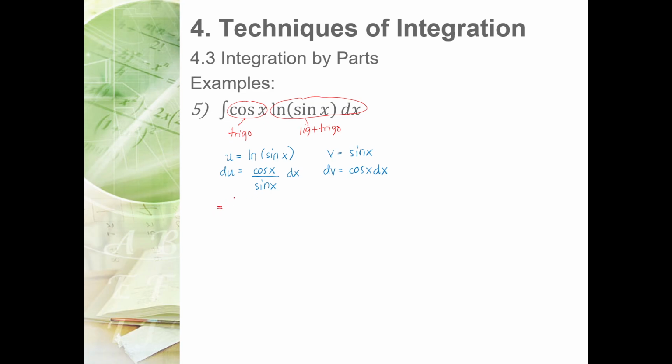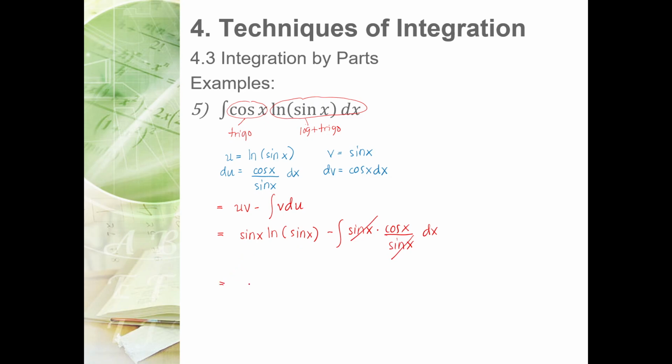So again with the formula uv minus the integral of v du. So we're going to have sine x ln sine x and then minus v du. So that would be sine x times cosine x all over sine x dx. So cancel out sine x, cancel out sine x.